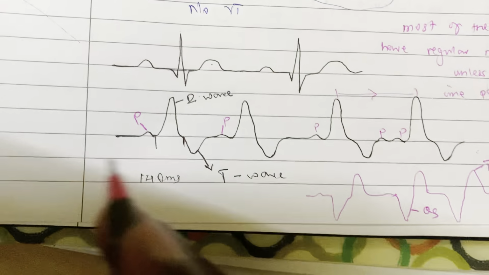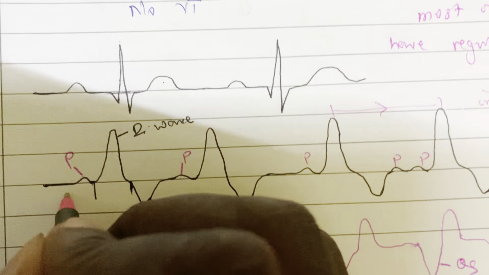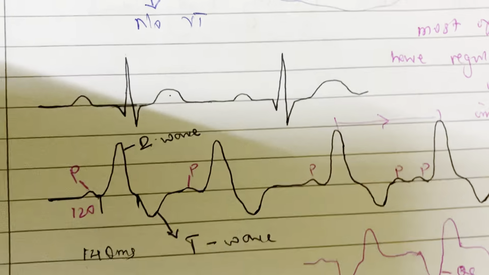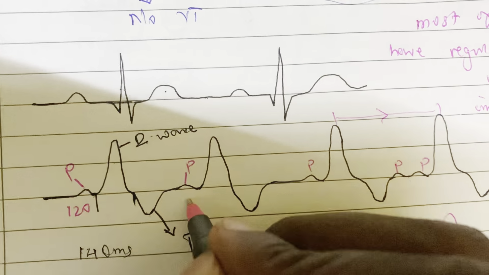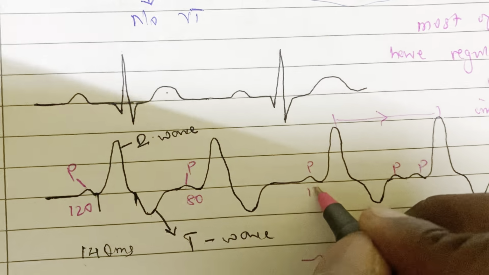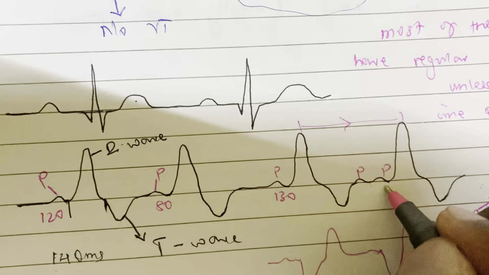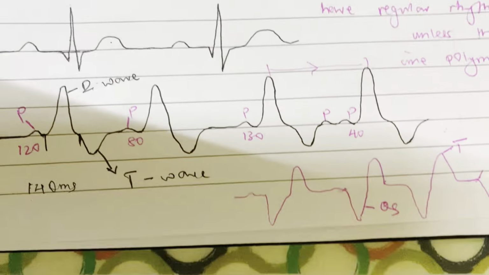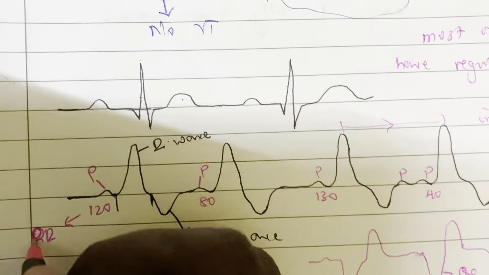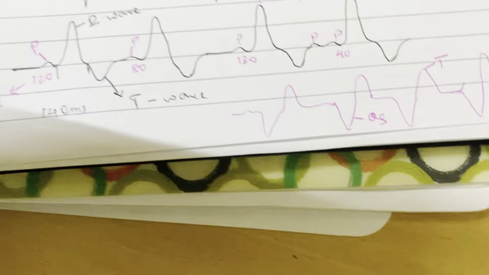You have to check how long the PR interval is. Maybe here the PR interval can be around 120, and here it is around 80. Here it is around 130. This one is 40. This is the PR interval. So the PR interval is changing. That's how you track the AV association.